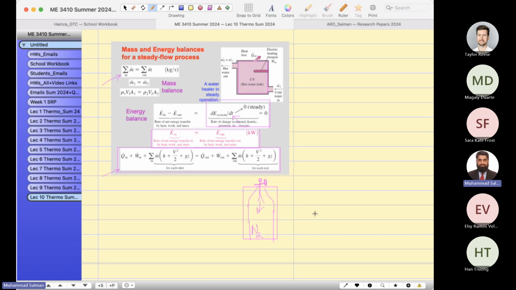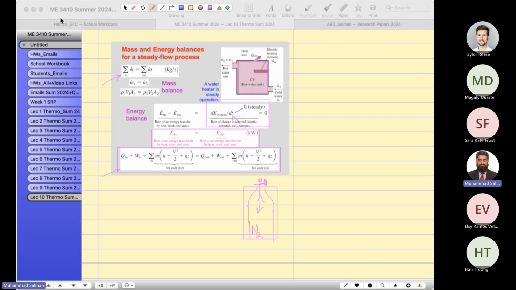Let me ask you, is filling up the nitrogen cylinder a steady flow process or an unsteady flow process? What do you write down in your chat box? What do you suggest, your professor?